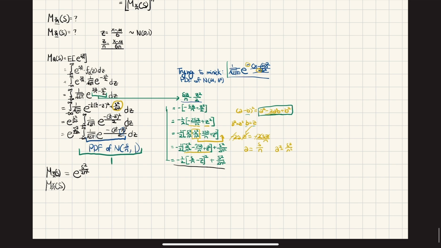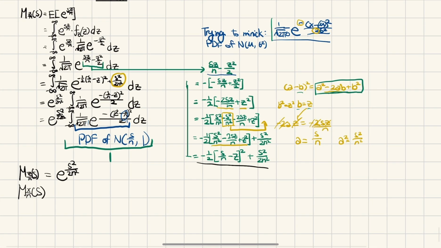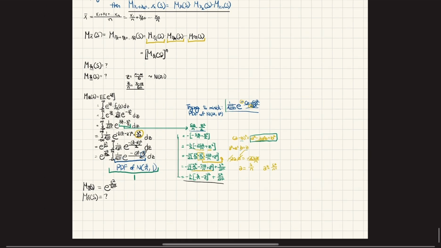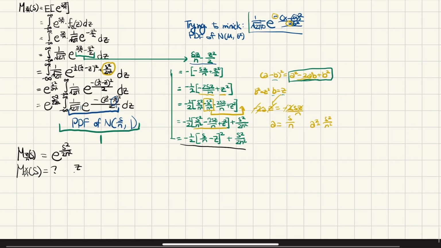To find that, we've already established from earlier that Z over N equals X minus mu over sigma N. Now, I want to introduce you to property 3 of the MGF.